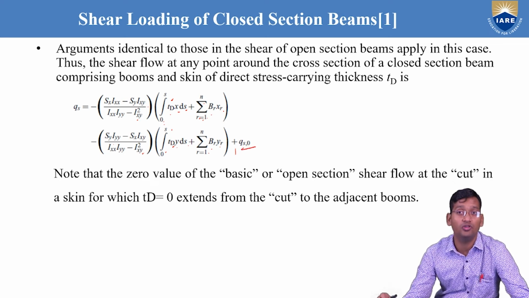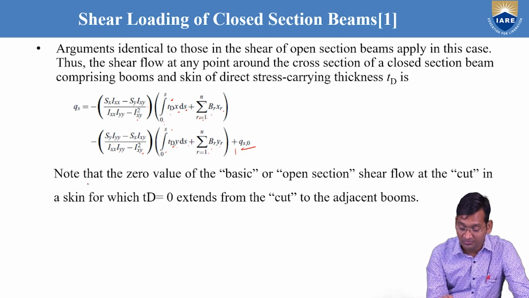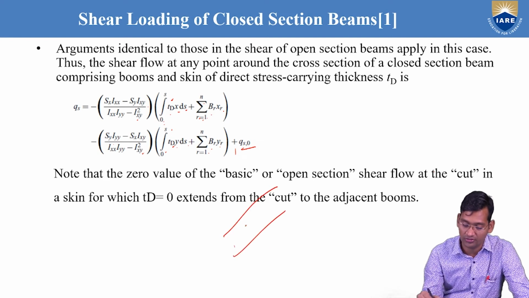Okay, note that the zero value of the basic or open section shear flow at the cut in a skin for which Td equals 0 extends from the cut to the adjacent boom. So note that the zero value of this basic or open section shear flow at the cut, where in that figure we had seen this cut was there, right?